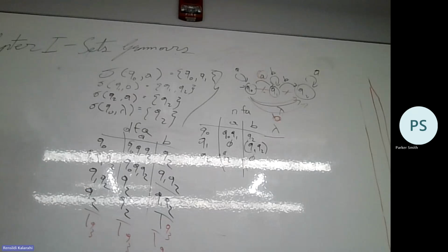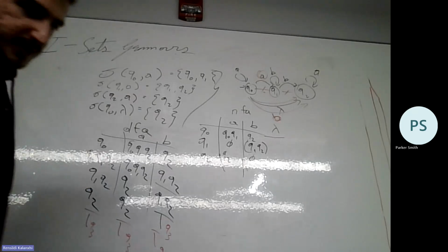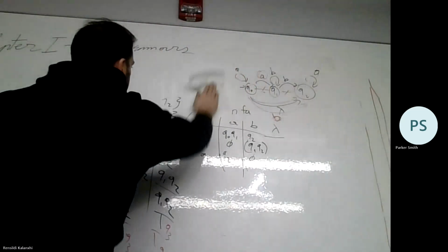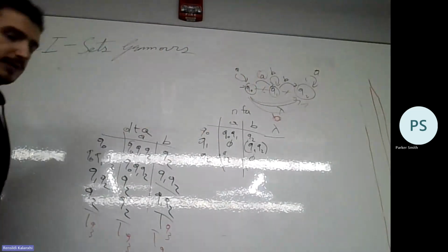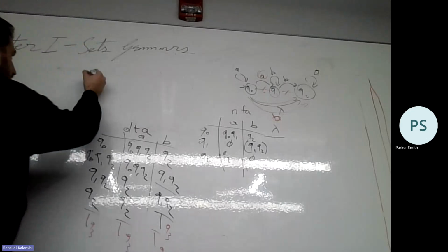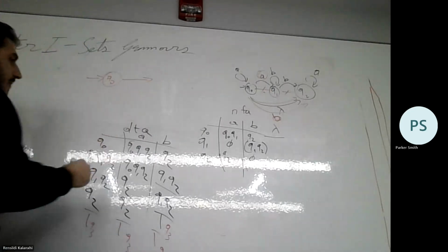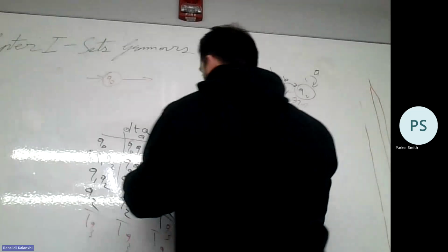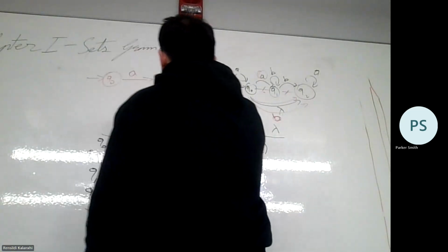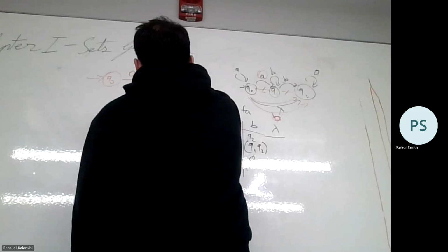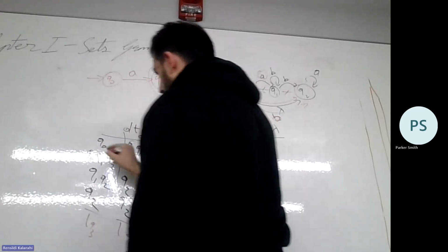So let's build it. I'll probably get rid of this. I don't think we need this anymore. All right, so we get Q0, and then we get Q0, Q1, Q2 pointing A. These are final states, by the way.